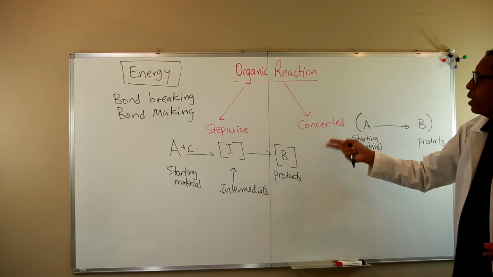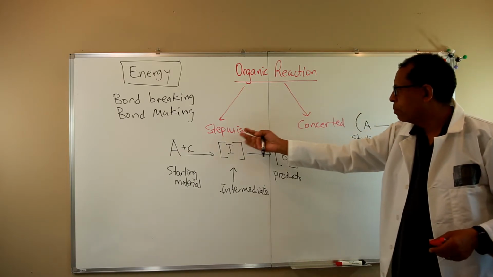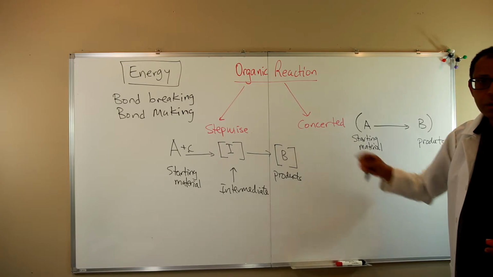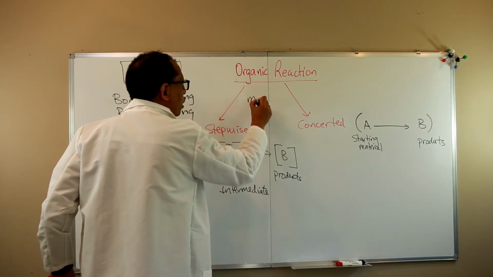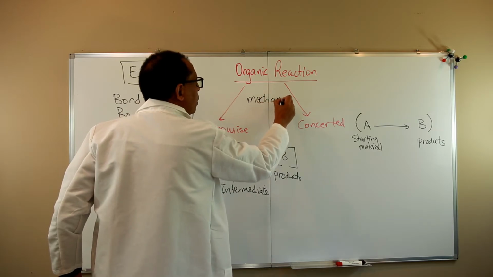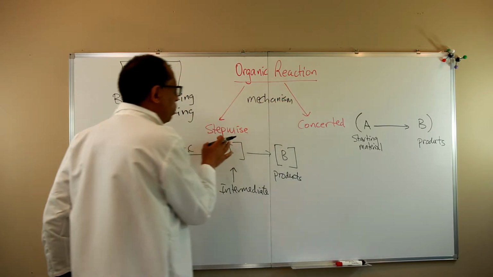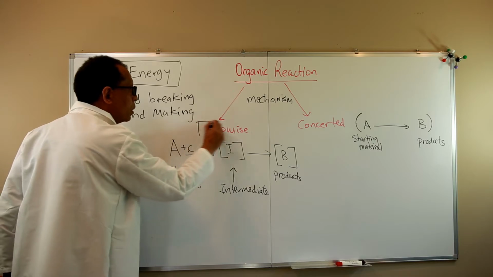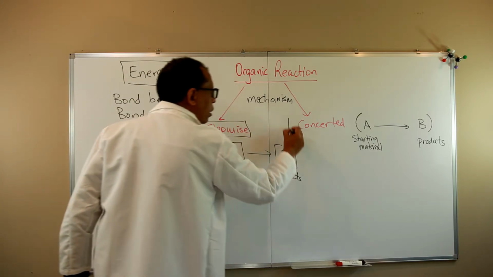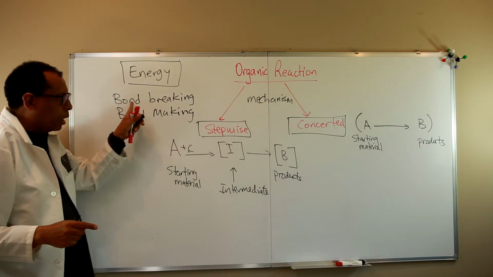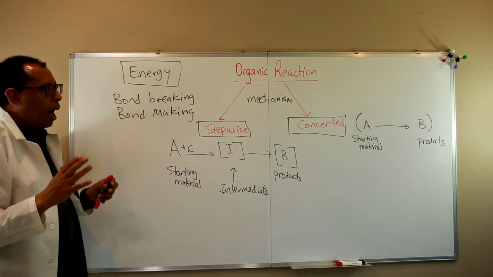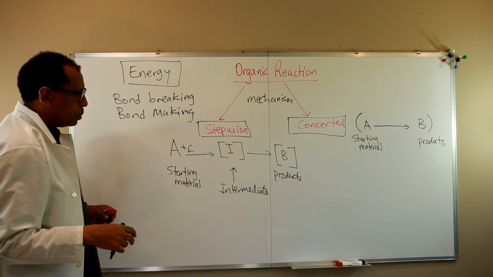So these are the mechanisms of the reaction, either stepwise mechanism or concerted mechanism. They can be stepwise or concerted. In a concerted reaction, bond making and bond breaking happen simultaneously.